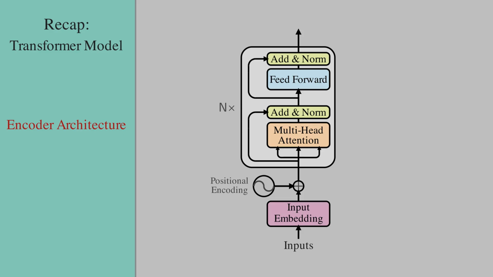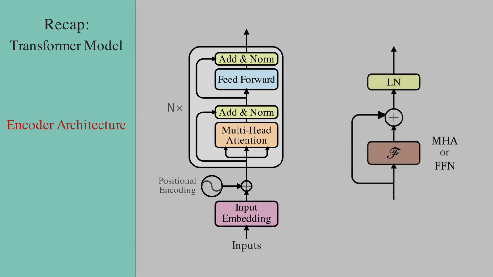A residual block for multi-head attention, or MHA, followed by the residual block for the feed-forward network, or FFN. But to simplify this further, we can use the following diagram to represent both of these residual blocks, where the LN is the layer normalization and the function f could either be the MHA or the FFN.